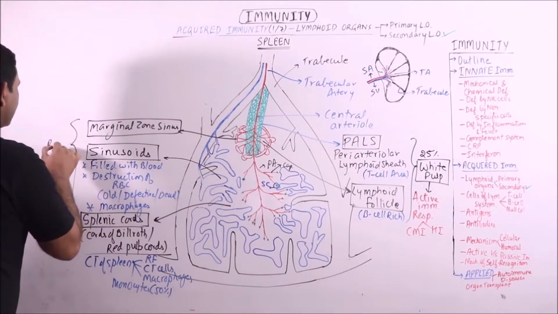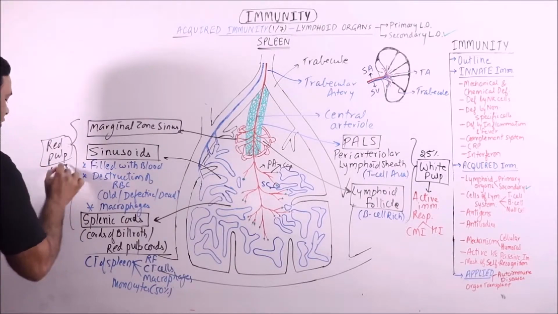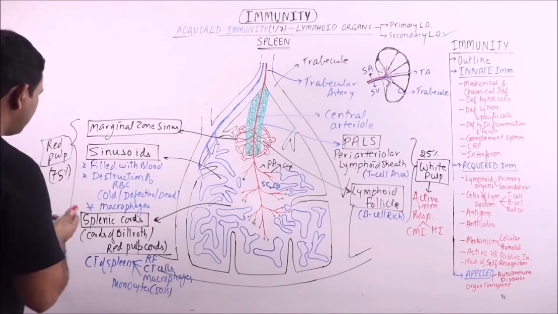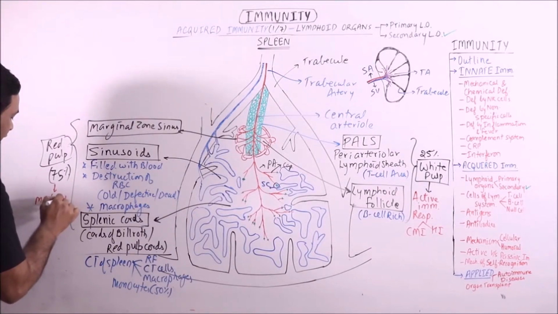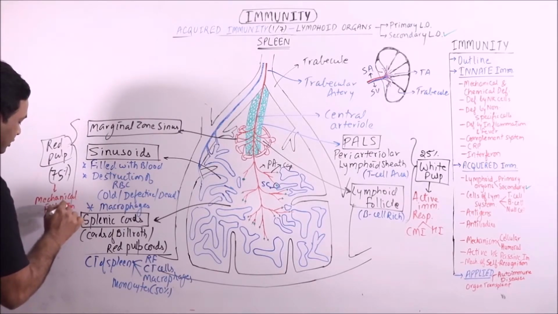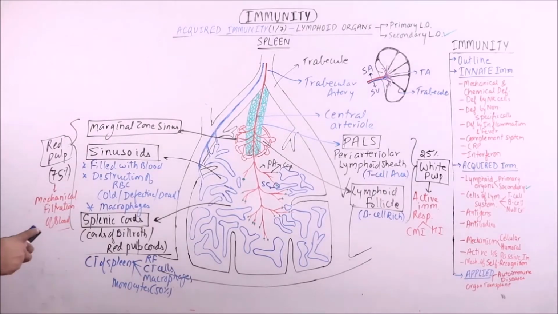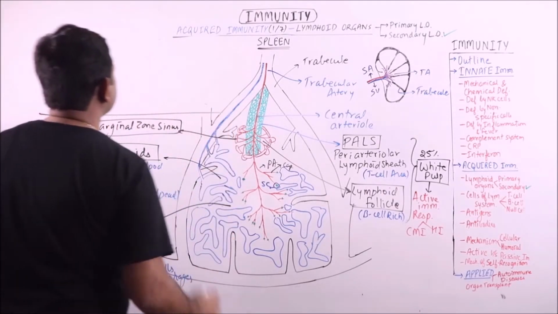So these form the red pulp, which forms 75% of the spleen, and the main purpose is mechanical filtration of blood.